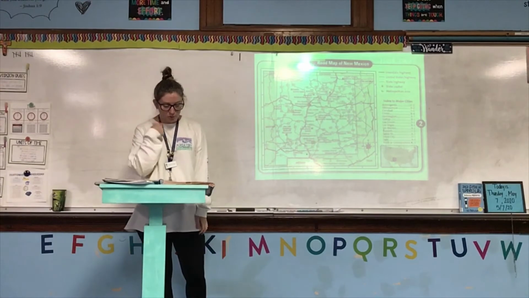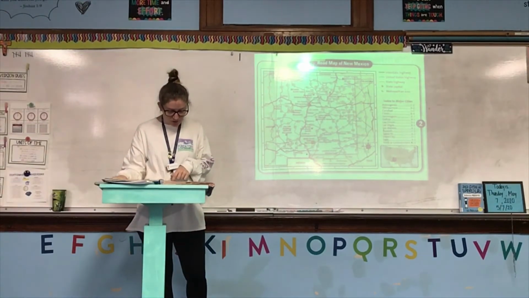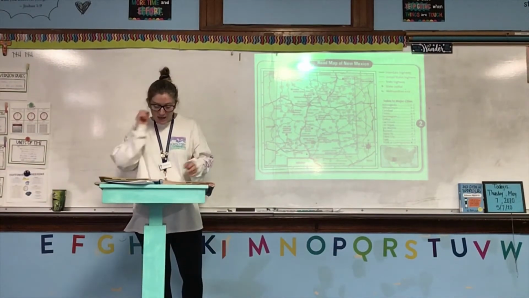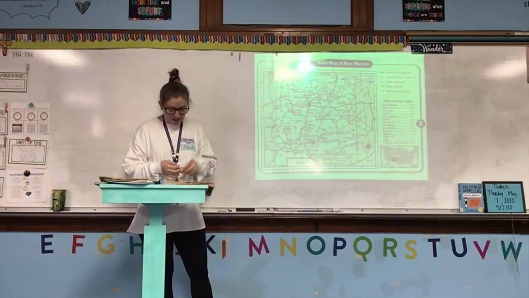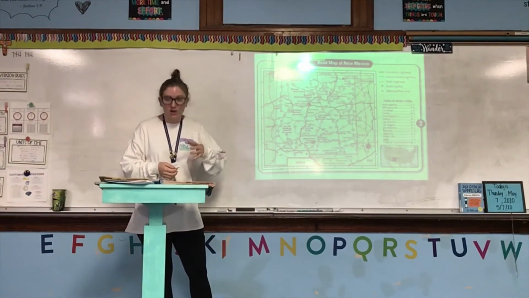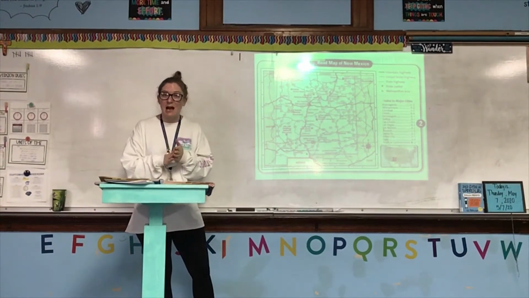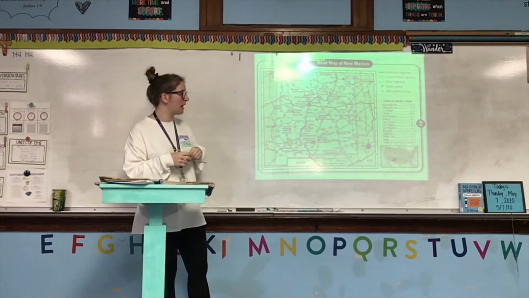Now, number 2, what United States highways and state highways would you use to get from Grants to Silver City? So again, what we're going to do is find these two places. We're going to find Grants and we're going to find Silver City. And then we're going to figure out there's going to be state highways and U.S. highways that we're going to have to take.